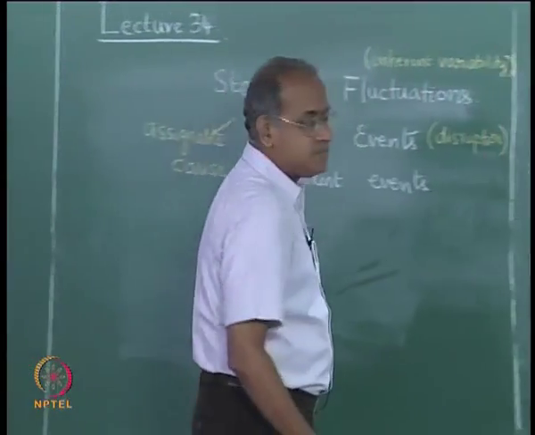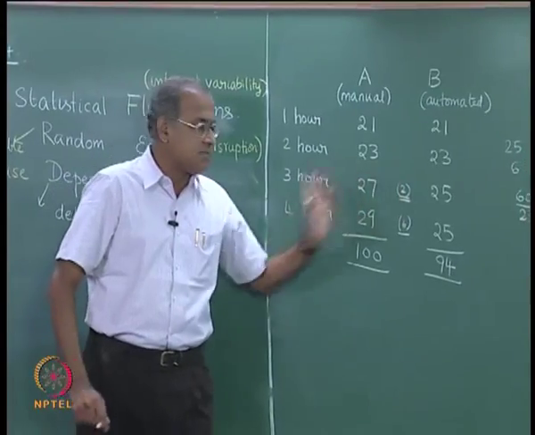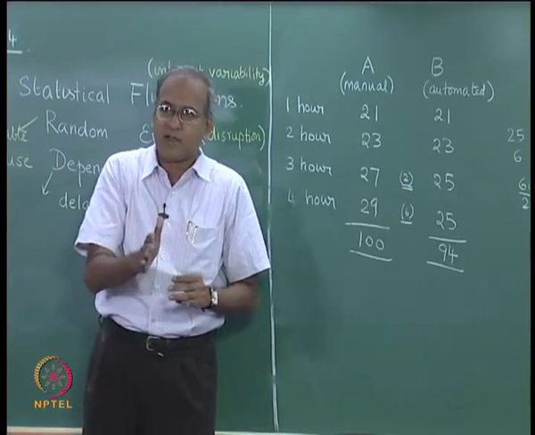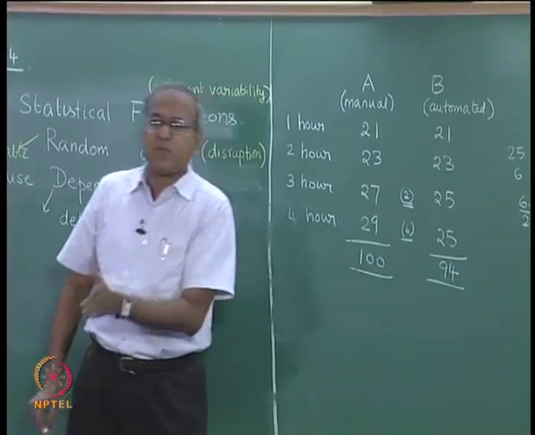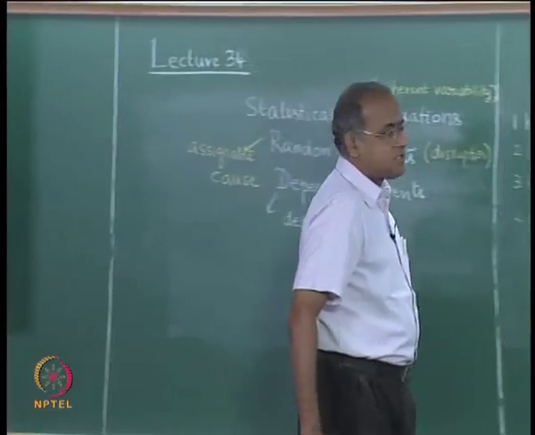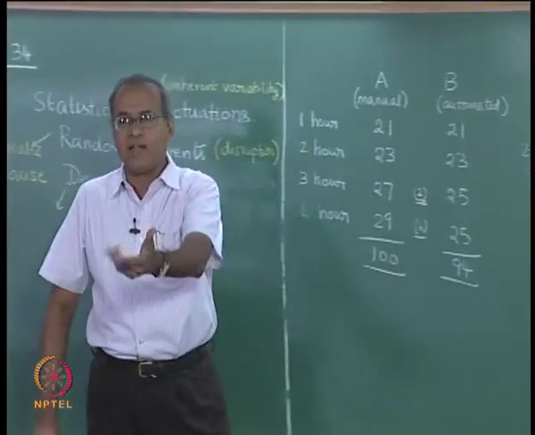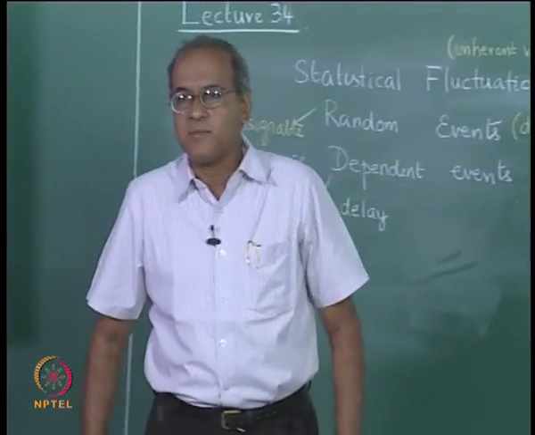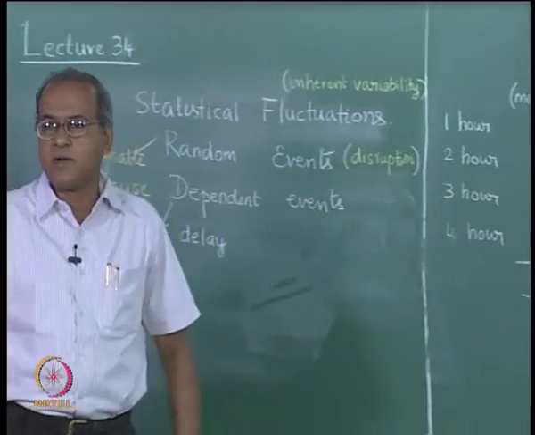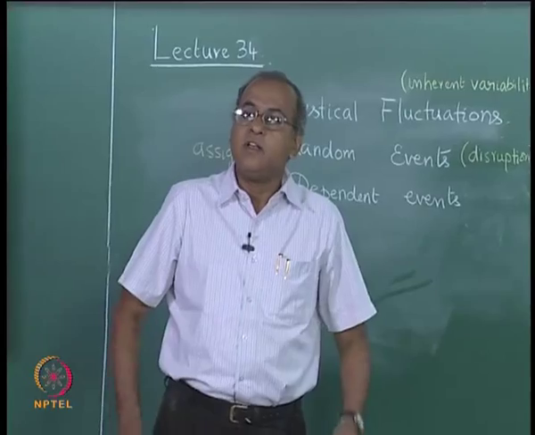Now, second, we could counter this by saying, if the first operation was the automatic operation and the second operation was the manual operation, then these calculations will show that both can actually do 25 per hour, whereas if the first one is manual and the other one is automatic, then we have this.